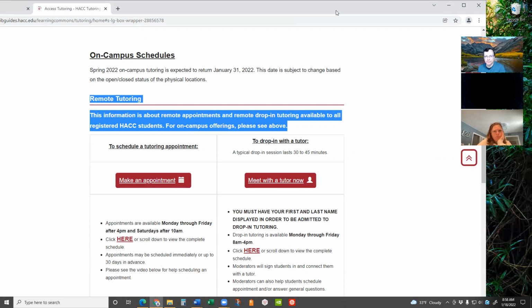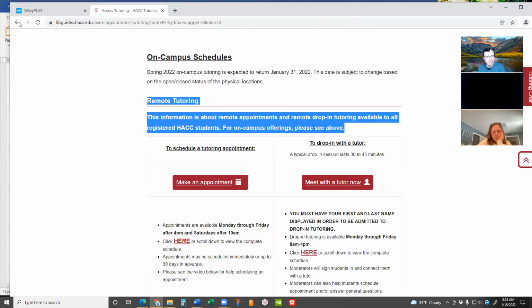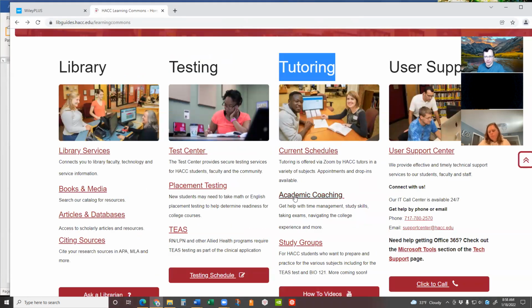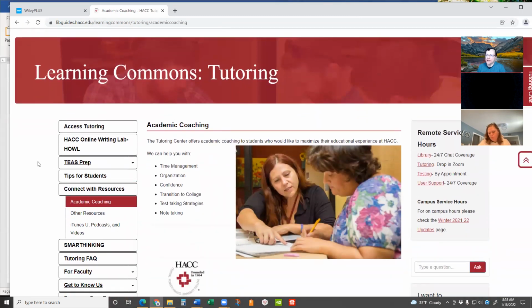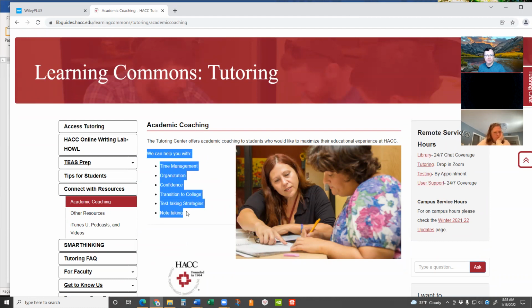In addition to tutoring, we also have academic coaches. An academic coach does not teach you the content. They're not going to teach you what osmosis is, but they will help you organize yourself so that you study more effectively. The web page says academic coaching helps with time management, organization, developing confidence, and transitioning to college.